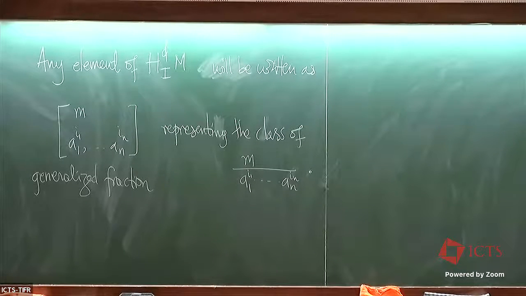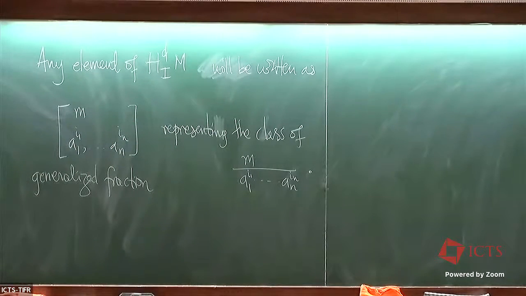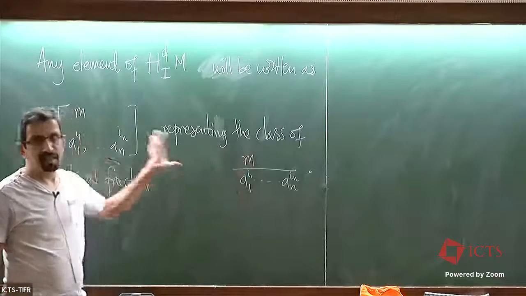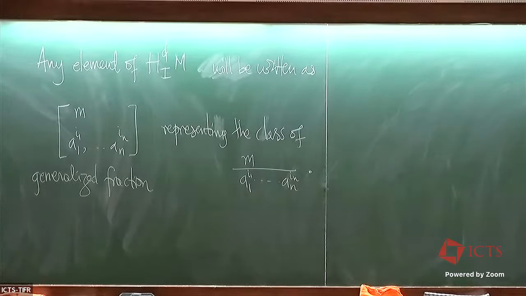The point is that, so why bother writing it like this when it's actually just a fraction? But the point is that if you interchange, for example, two of the a_i's, it will induce a sign change. So you have to be a bit careful. And so this element per se should not be thought of as representing the class. It is this one. This is sensitive to the order in which you write down the a_i's. And there are rules for what happens if you change the generators.